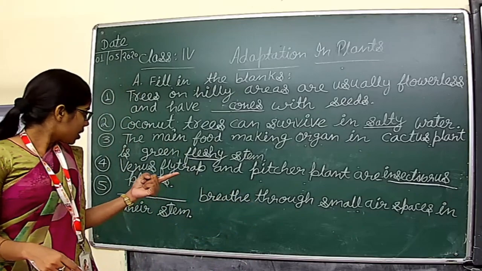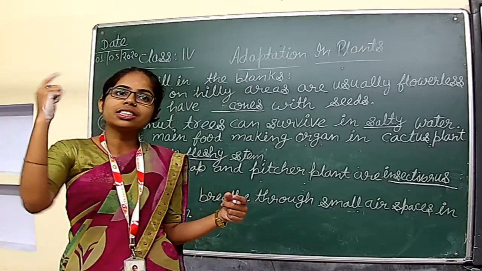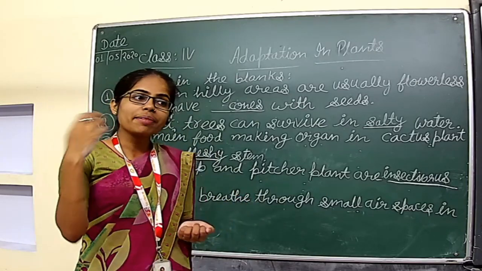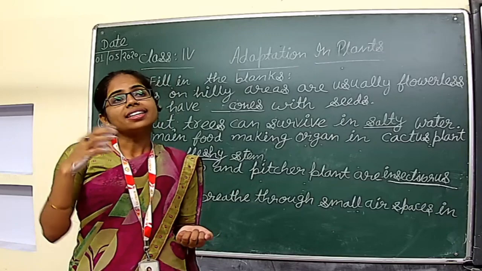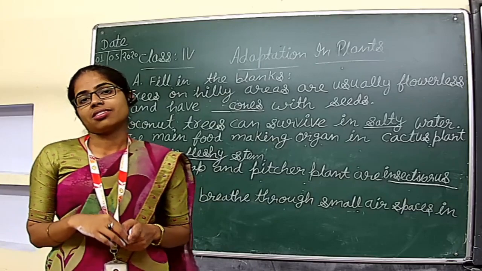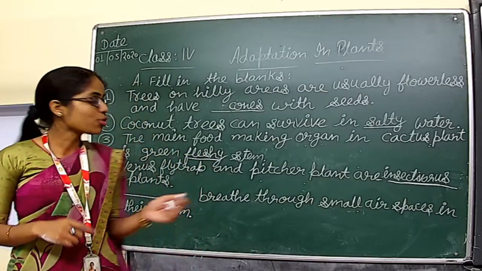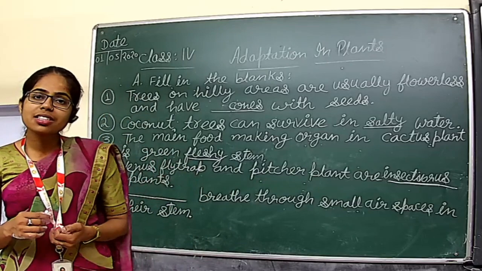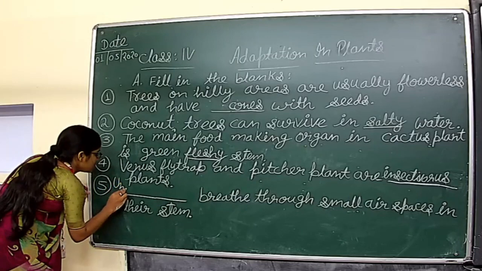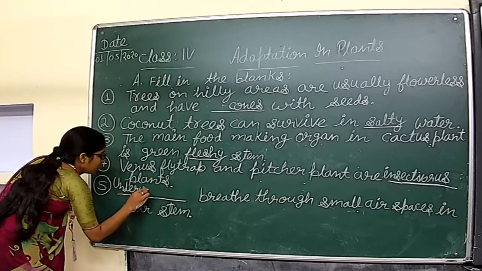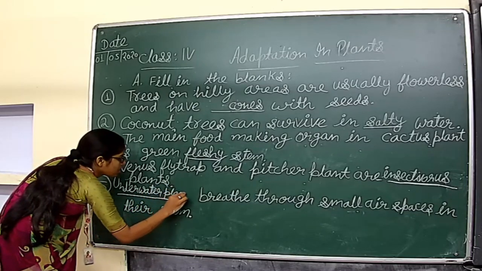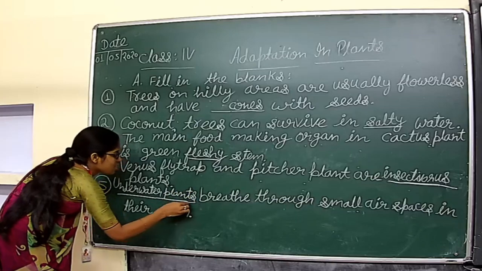That's why their stem is floating, means sometimes it comes out of the water when there are waves or something like this, or their stem has small air spaces, and through that this plant breathes. So what will be the name of this plant? Nothing but the underwater plants. This is the answer for the last question.